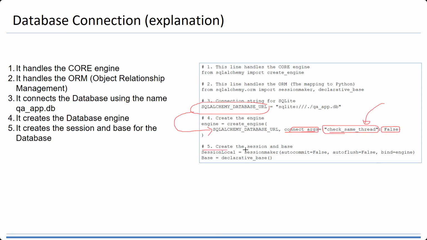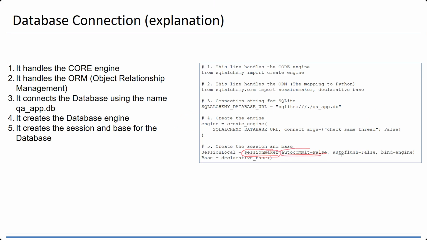And the last one is to create a session and the base. Session means you are going to make at least one session because it is necessary to make the commit. It means you can save your data, select your data, extract your data, and update your data. So we call this the session.